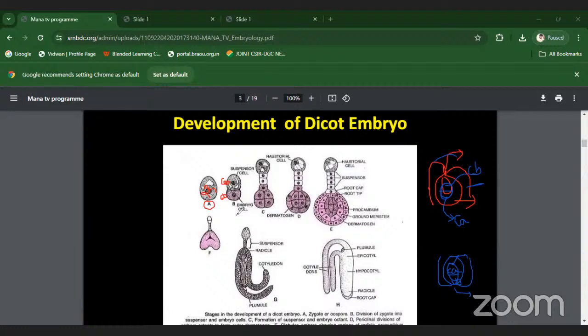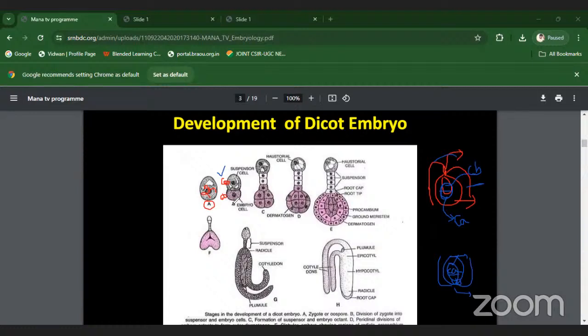Anyway, in angiosperms the zygote divides transversely and forms an apical cell, always CA, toward the chalaza side, and a basal cell called CB toward the micropyle side.